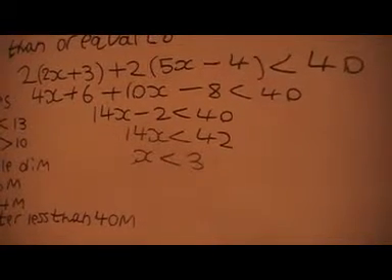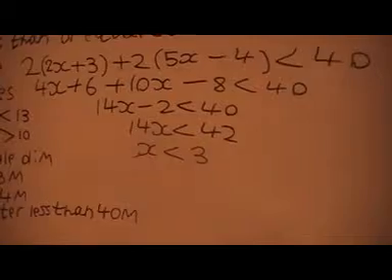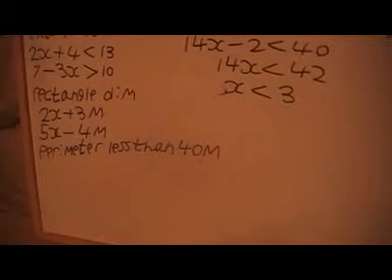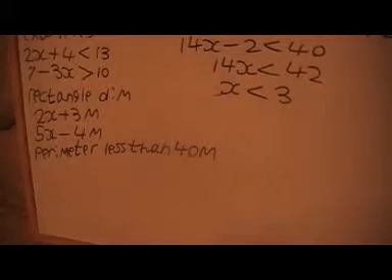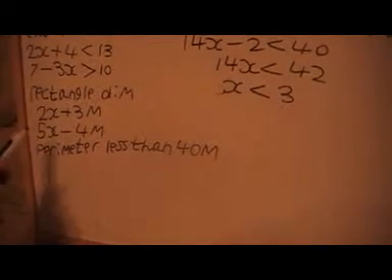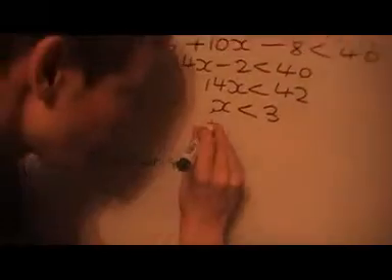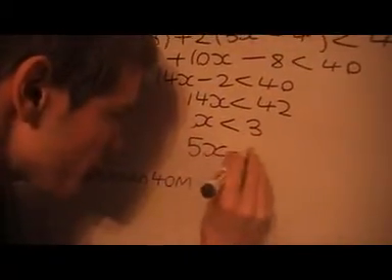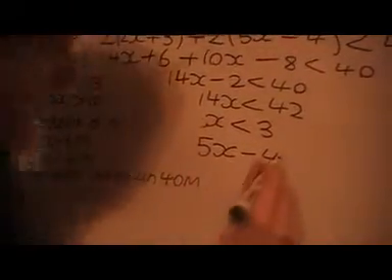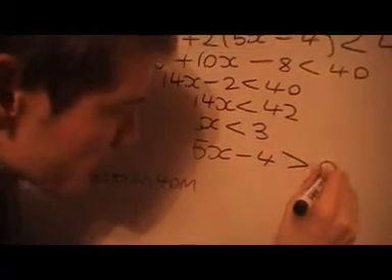So, less than 3 is very good, but notice we've got another inequality here. And you know that we can't have lengths that are less than 0. So this inequality, 5x minus 4, must be greater than 0.